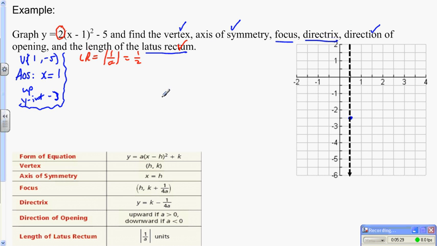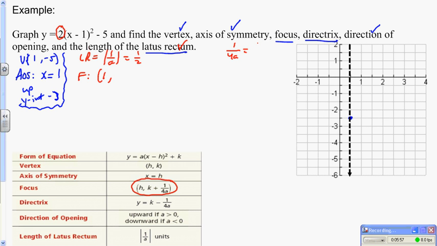Focus and directrix. Well, focus has this. Now focus is on your line of symmetry. So our x is easy. It's going to be the same as our x for vertex. Then we have k plus 1 over 4a. Well, let's figure out what 1 over 4a is. A we said was 2.